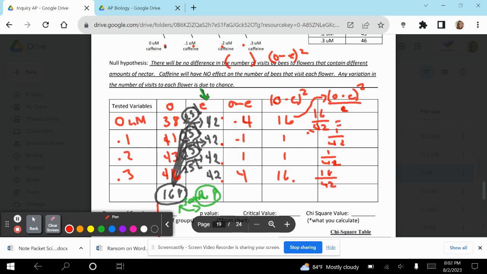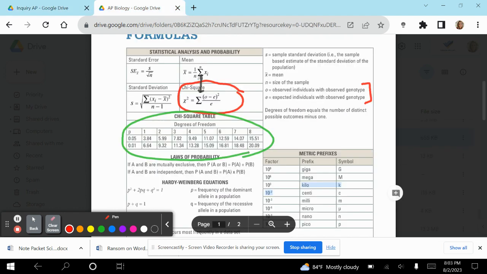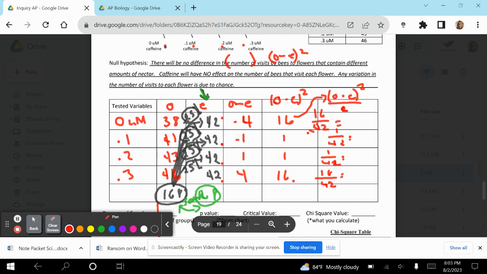Now let's solve, because when I get those numbers, remember that the sigma on our formula sheet that we see right here means we're going to have to add those up. So solving those, this is 0.38, 0.024, 0.024, and 0.38.